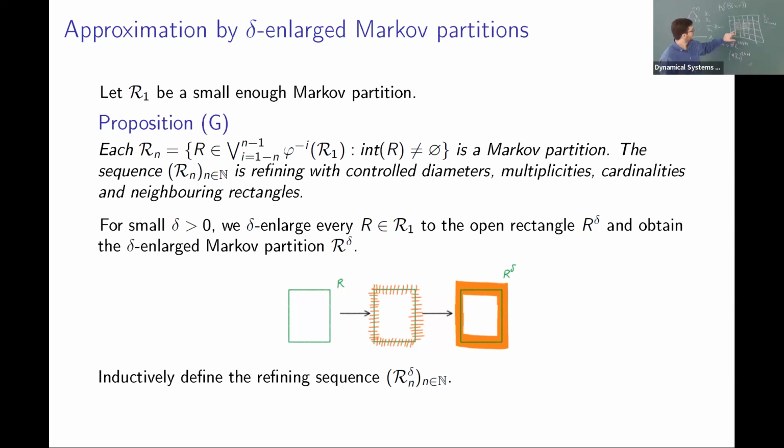Now the neighborhoods are created from smaller rectangles in the Markov partition, and this n is like the minimum number that allows you to separate for every small line. I can explain more, but it's combinatorial.